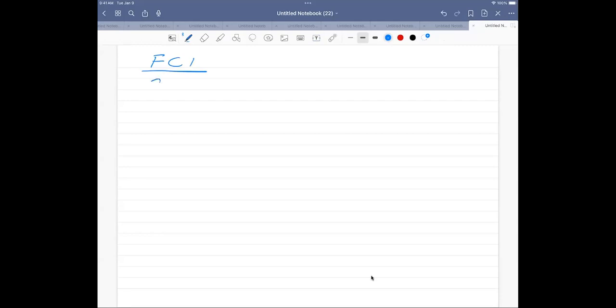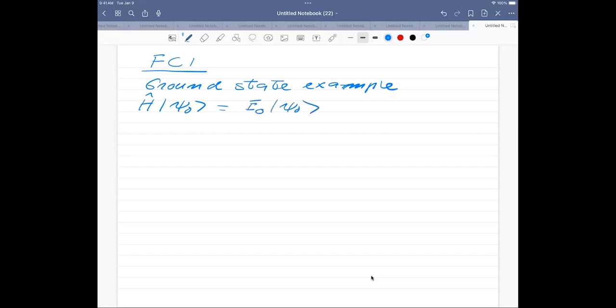But what we looked at was this ground state example, given as the eigenstate of the Hamiltonian, with energy E0 and state psi 0.